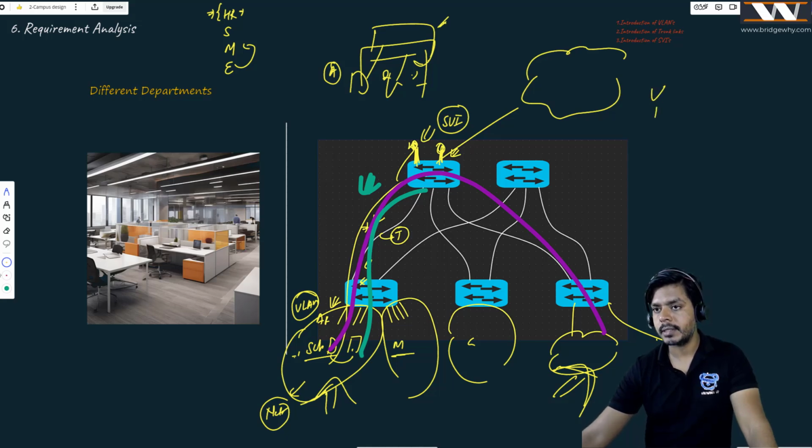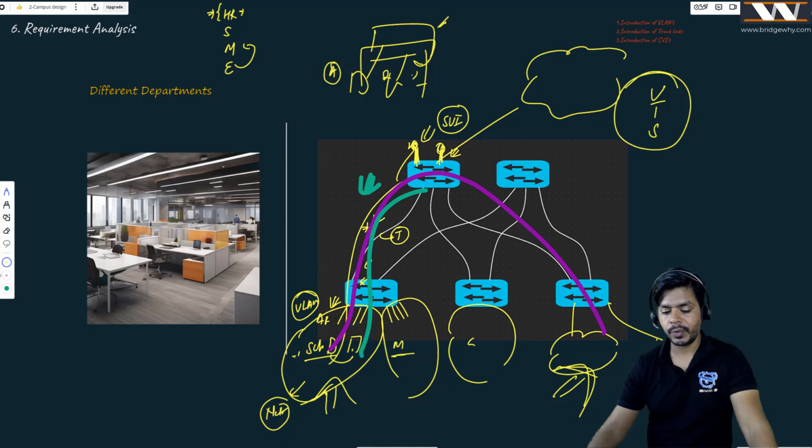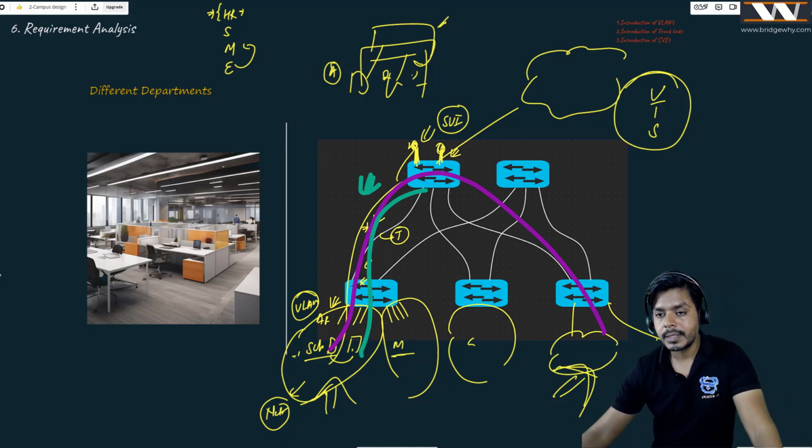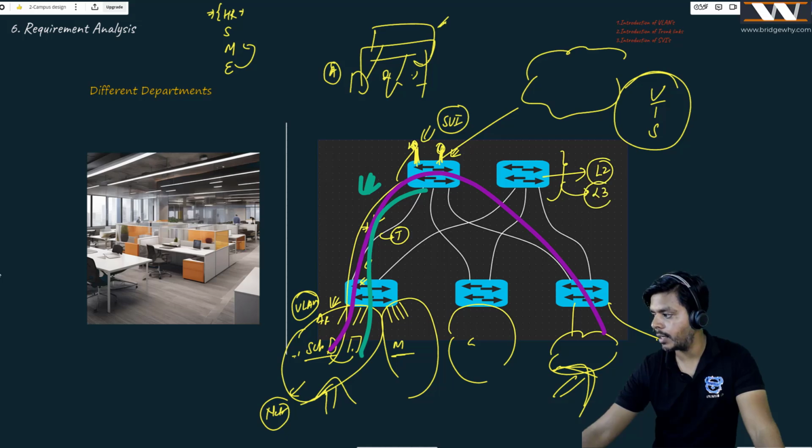So VLANs, trunk links, SVIs, whatever you have understood, they are asking everything now in the simple requirement from the customer, different departments. And now this distribution switch is a special switch. It is not doing only layer 2 things, it is doing way more than that, which is layer 3 also, right?